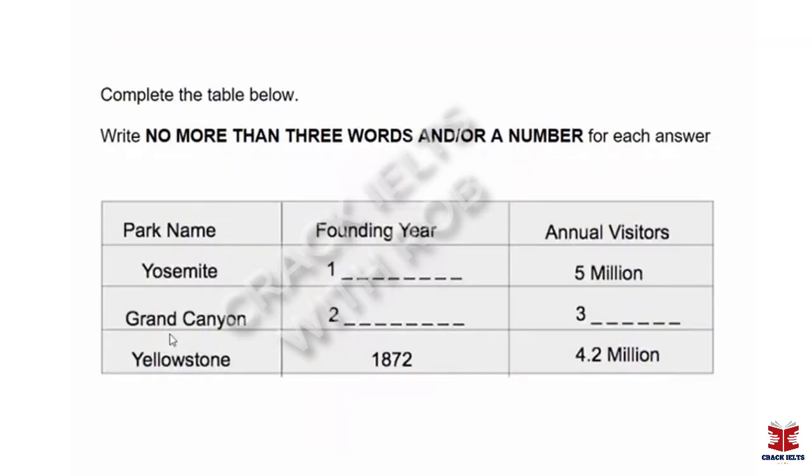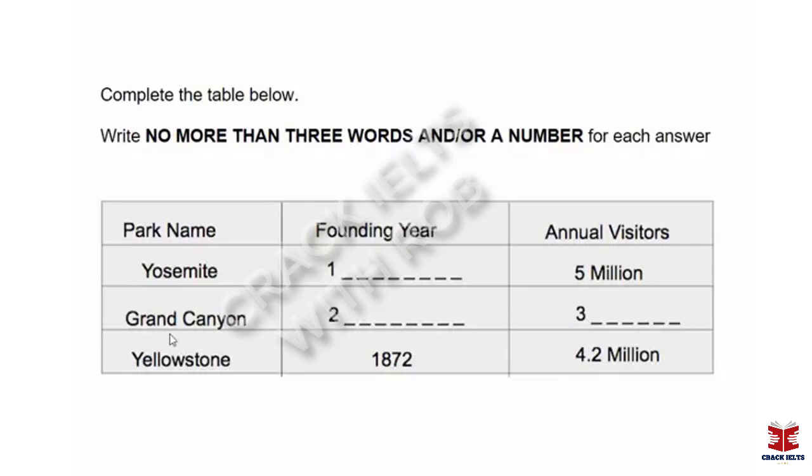The next type is table completion questions. Again, you can see these are all very similar. In this case, we have some kind of table, or it's almost like a spreadsheet, where you have different categories of things and you need to fill out the chart or the table that you see there. If you notice on this one, at the top we've got some labels: park name, and we've got different parks.